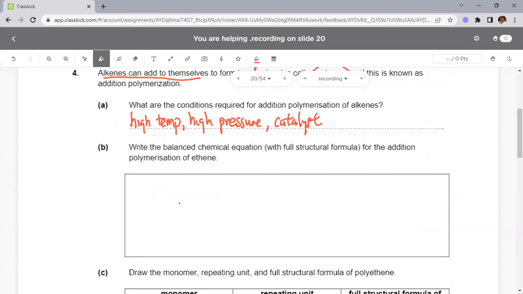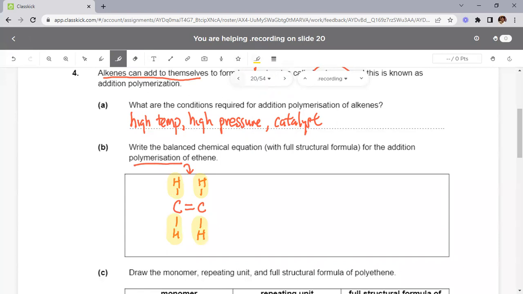So let's draw the basic unit for ethene first. So this is an ethene. You realize for polymerization, I draw the molecules slightly differently. You realize the position of the bonds around the C double bond: they are towards the top and the bottom instead of to the top and the right.